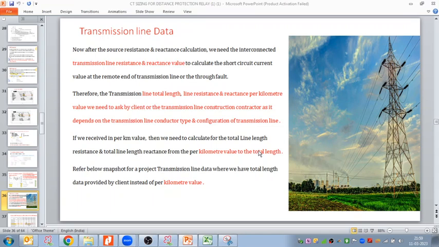In India for 220 kV we have 40 or 50 kiloampere, so I will take 40 or 50 kiloampere. Whatever my grid fault current or grid regulation is, that is taken here.